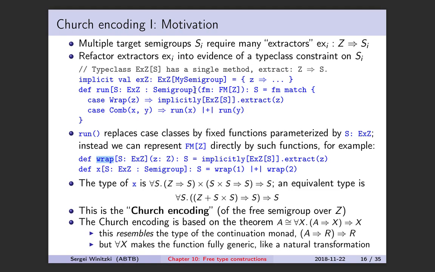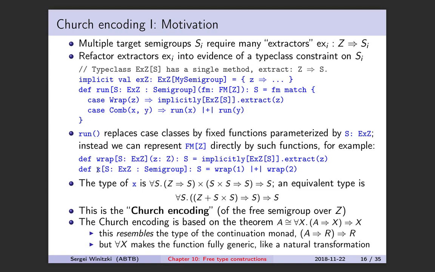So this wrapping function will be this part of the run, and the combining function is already defined because the plus operation is part of the semigroup type class. So the definition of the free semigroup just becomes the definition of a wrap function, which is parameterized again by this. We don't need the semigroup constraint right now for this function. We could have written it, but we wouldn't have used it.